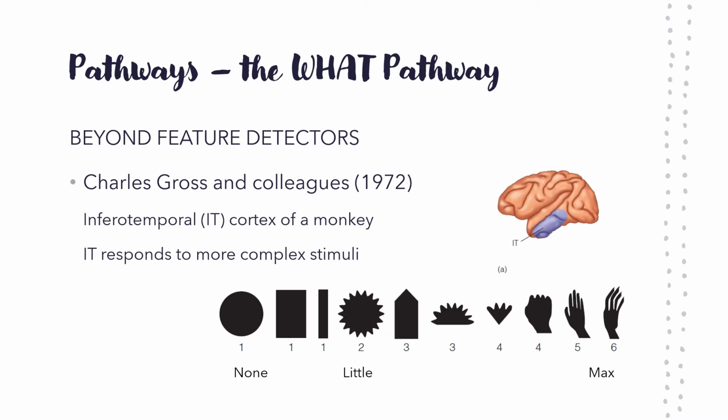And even though they had really figured out, hey, we're getting into features here, as we got into the temporal lobes, they were still saying, well, we're going to start with dots. And what they were seeing was there was no response of the neurons.